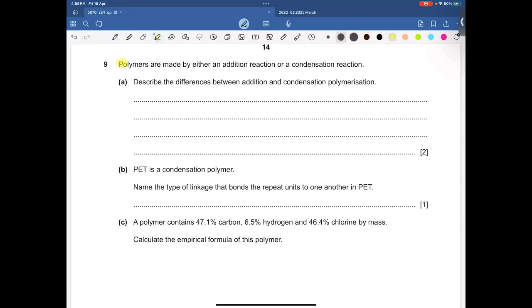Question number 9. Polymers are made by either addition reaction or condensation reaction. Describe the differences between addition and condensation. Let me write first addition. And then condensation.